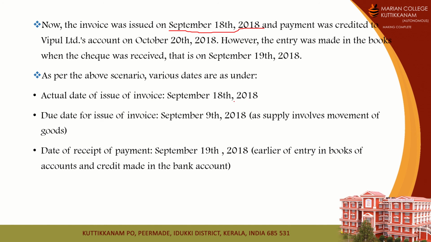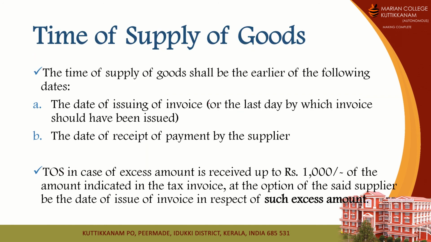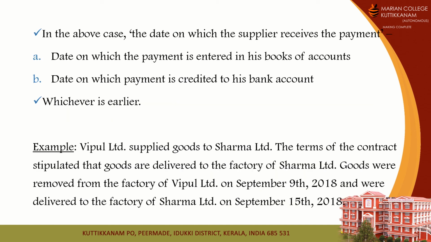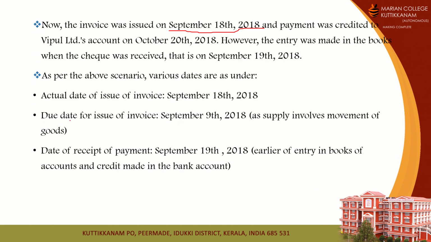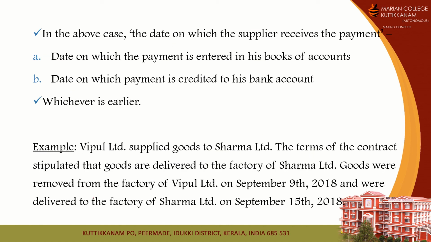Then we had a provision in the bracket, that is either the date of issuing of invoice or the due date of invoice. Sometimes in certain transactions it will be specified what the due date for issue of invoice will be. If it is said like that, we should consider that too. So in this case, the due date for issue of invoice is September 9th.